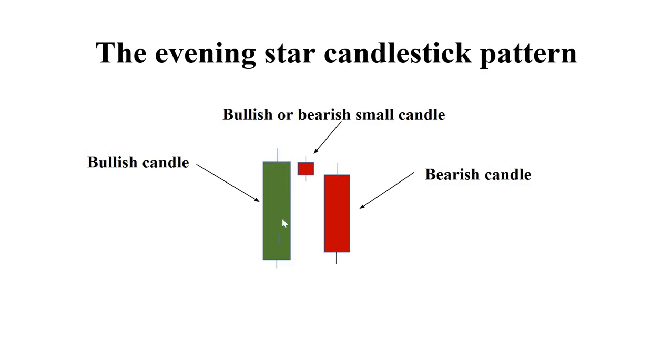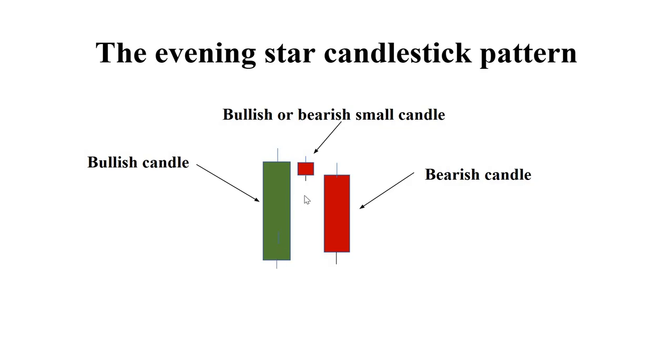Now, after the close of this candlestick, the next candle that followed was either a bearish or a bullish candle. In this case, it's a bearish candle, but it represents a small selling pressure, and it tells us that the bulls were not able to push the price up further.